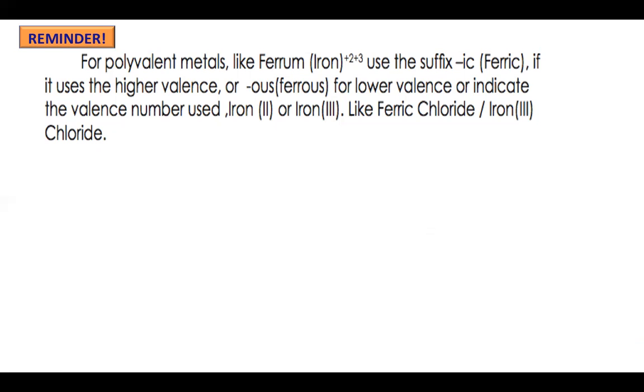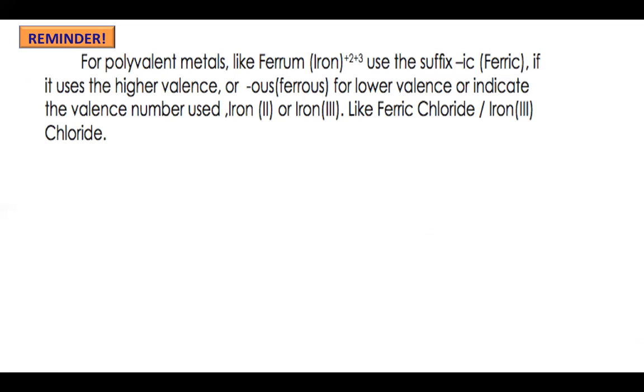Pag may mataas na valence electron, ang gagamitin mo ay ferric. So, anong ibig sabihin ng valence electron na ito? Yung charge na tinutukoy ko. So, since mataas ang 3 sa iron, 3 na numeric, ibig sabihin yung valence electron niya is 3. Ang gagamitin mo ay ferric.